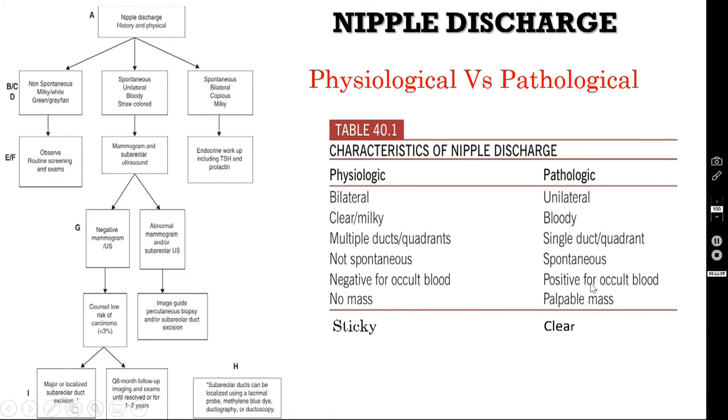But in pathological discharge, it is positive for occult blood. No underlying mass is palpable in case of physiological discharge, whereas there is always an underlying palpable mass in case of pathological discharge. The physiological discharge is usually sticky in nature, whereas the pathological discharge is very clear. It is non-sticky.